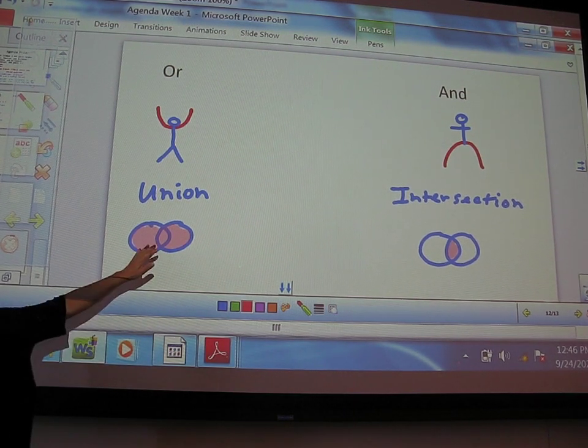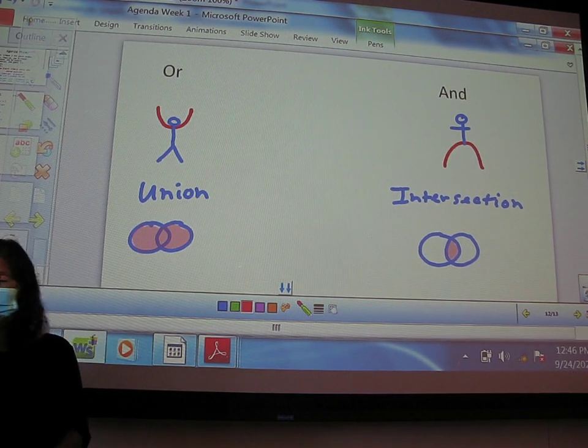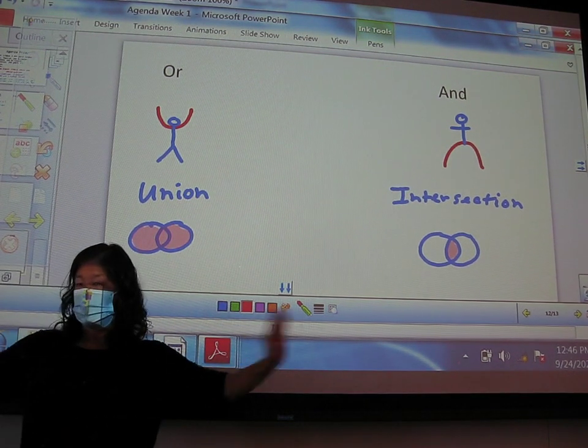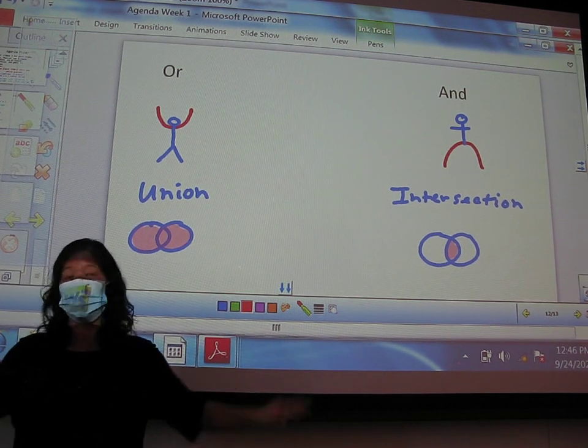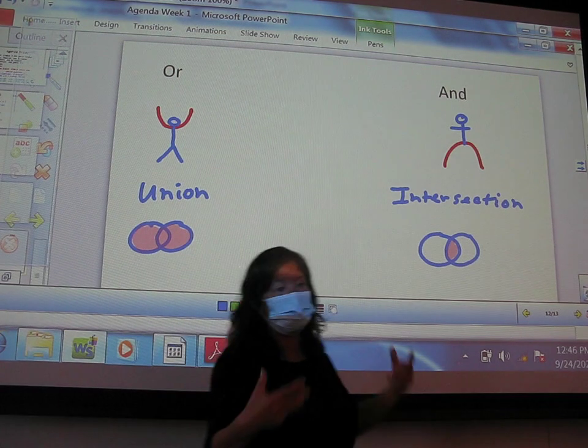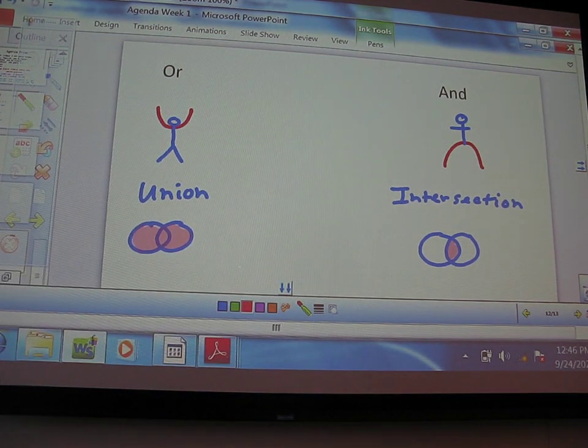So this one, or like we just saw, you could be this one or that one. So you include everything. The ors, you include everything. The ands, you have to be in both. So your back part talks about some ands, I think. That sheet, does it have any ands? Nope, it doesn't have any ands. We didn't do any ands with you guys. Oh wait, we do have an and.